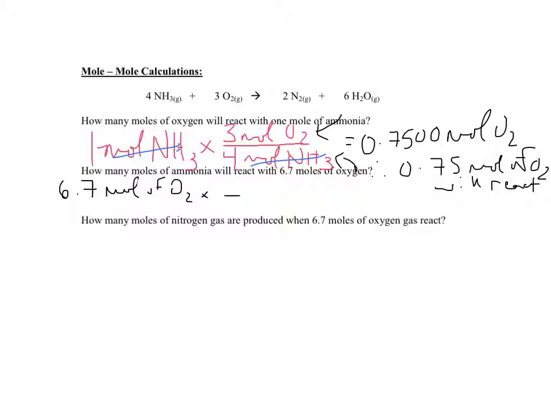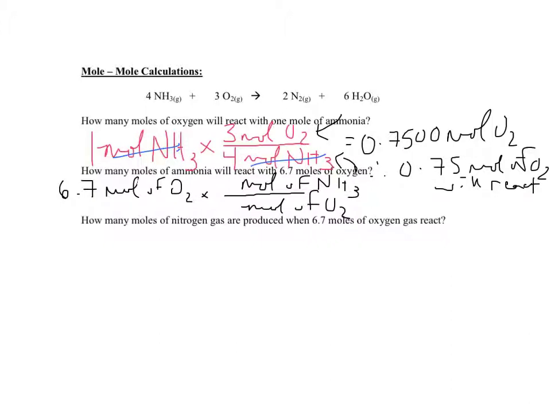And I know I'm going to now have to set up my conversion factor. So this is what I have, and it's going to want to be crossed out. So I'm going to write my mole of O2 on the bottom. And what do I want? I want moles of ammonia, which is NH3.